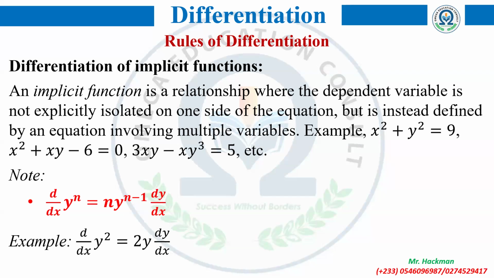But for the purposes of my explanation, assuming all our functions are labeled y, you have y is equal to something. In that relation, you will know that your y is explicit, meaning y is made to stand alone. Y is made the subject, and therefore you are able to differentiate straight away.